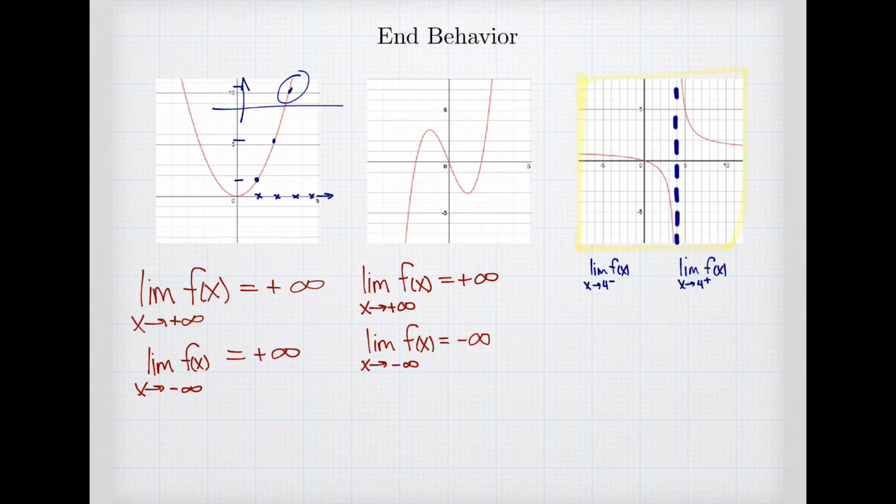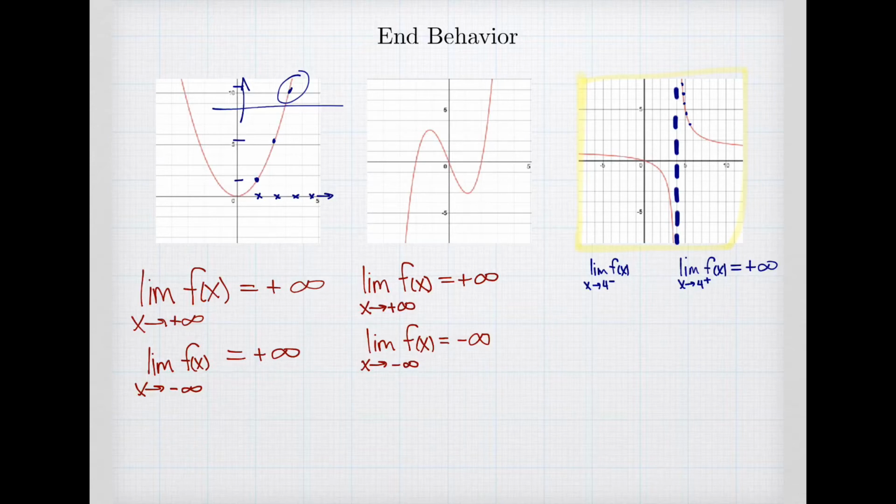All right, so on the right, if I'm looking at what's happening, as I pick x values getting closer and closer to 4, notice I'm moving to the left, but as I approach from the right, my y value is going up to positive infinity. Okay, that corresponds to the vertical asymptote at x equals 4.